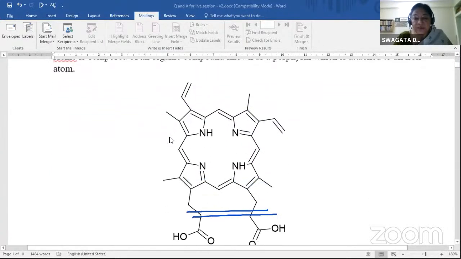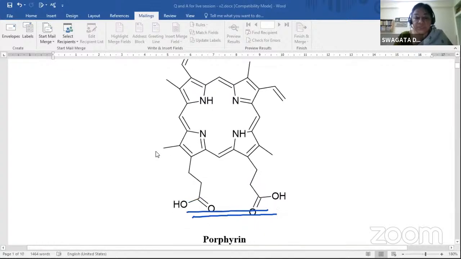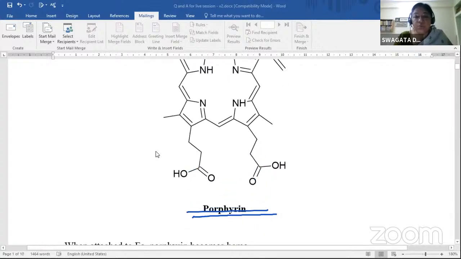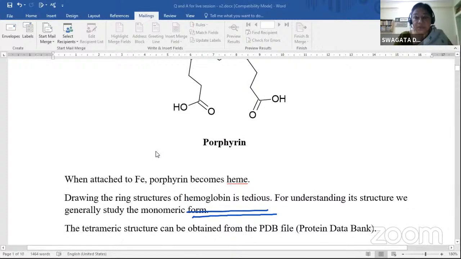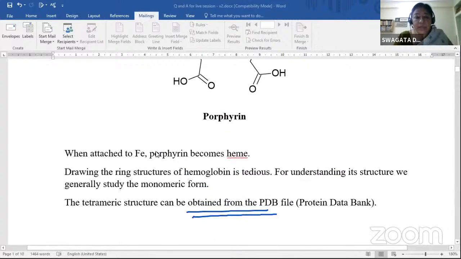Now this porphyrin ring has the iron atom present here, and it is connected to several amino acids in the protein. This is extremely important in the way it is held in its scaffold in the protein for its proper action in the way it has to bind the oxygen. Now, when attached to the iron, this porphyrin becomes what we call the heme.